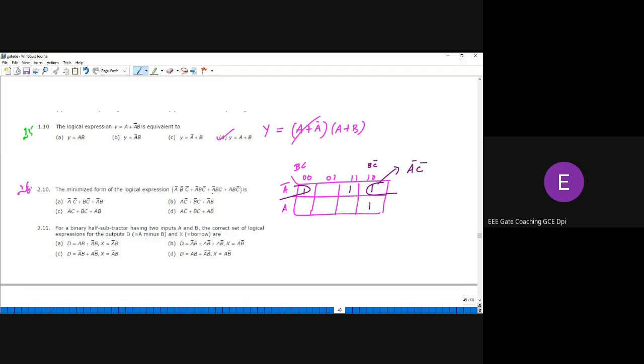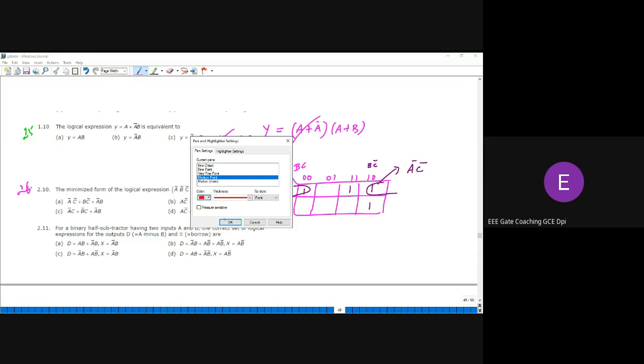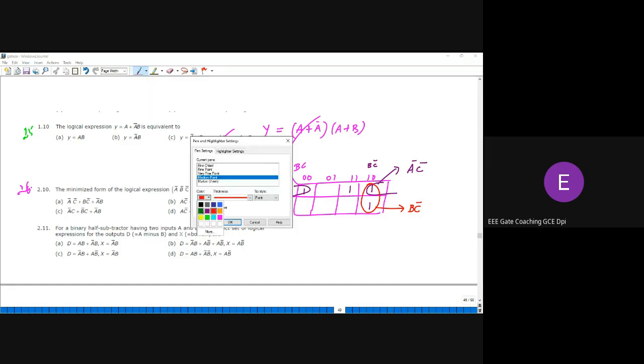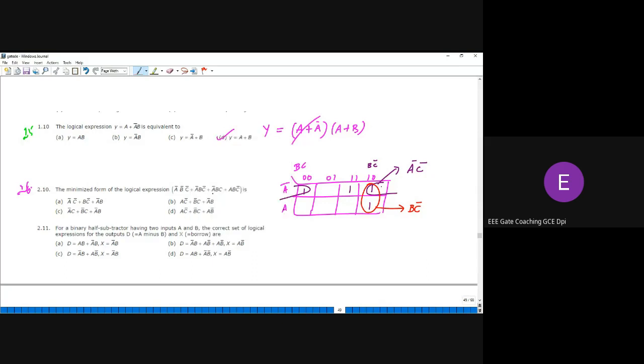A bar, C bar. Next, if I group these two values, I get B, C bar. If I group these two values once, I'll get A bar, B. The answer is A bar C bar, B C bar, A bar B.